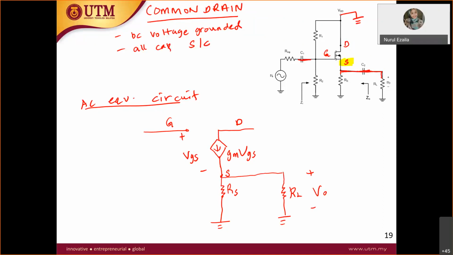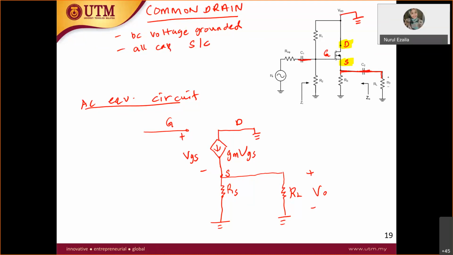Now let's take a look at the drain. At the drain there's nothing, no resistor. Therefore, the drain is grounded, like that.